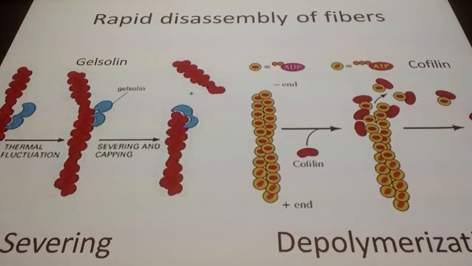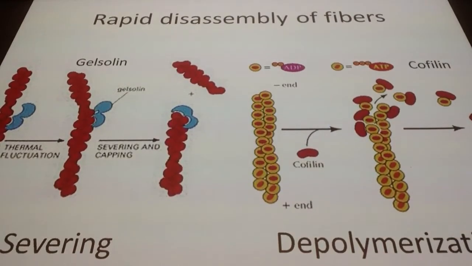Does that make sense? So now it's not just comparing thymosin and profilin anymore. It's comparing thymosin, profilin, and cofilin. Think about it. There are different permutations. This is what your cell has to do: regulate the expression of all of these things and ensure that the ends, whether it's the plus end or the minus end, favor either assembly or disassembly.